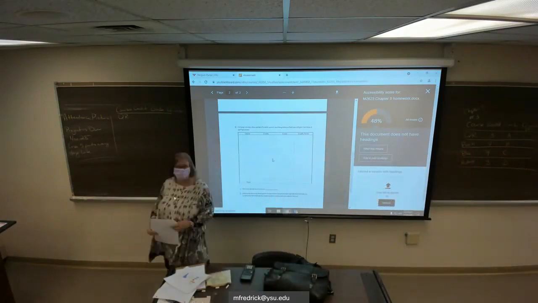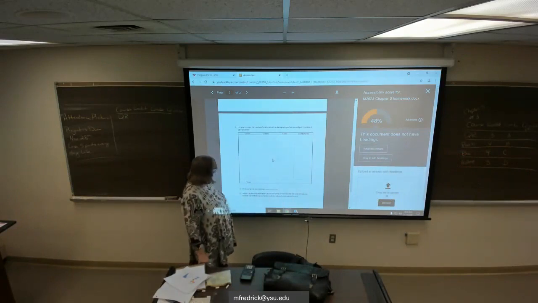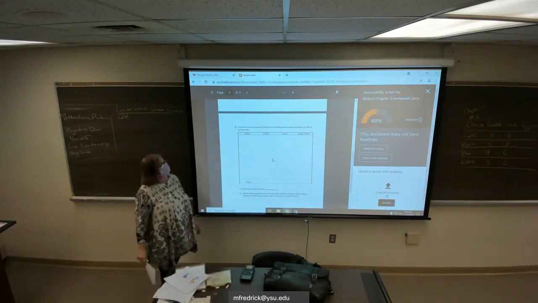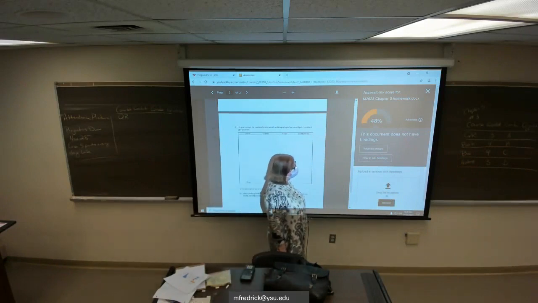This one does. Find the grade point average, and then it says add 0.2 to the value from part A. So we'll do that part also. But this part will be given.